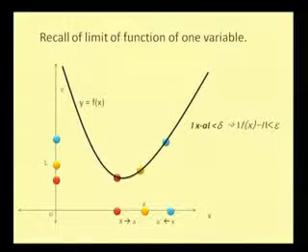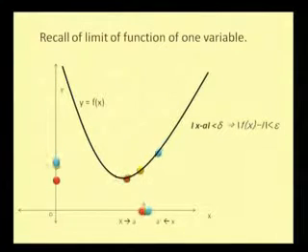Yes. So in the limit concept for a function of one variable, you can see that the red point approaches from the left hand side, and the blue point approaches from the right hand side. So in the definition of limit of a function of one variable, we say that if the left hand side limit and the right hand side limit are the same, then the limit exists.